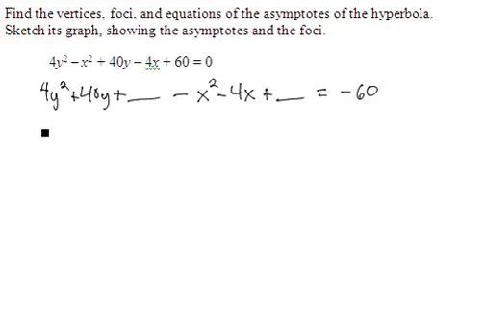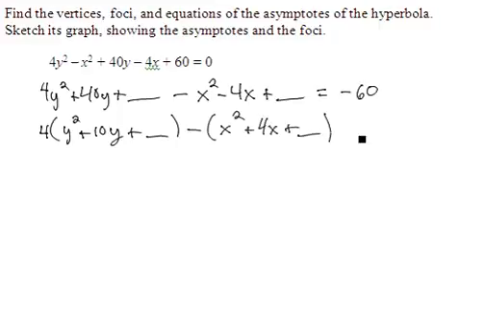Let's complete the square. So we'll first factor what we can. That's going to give me a 4 times y squared plus 10y plus something unknown. I'll factor just a negative sign out of here, so I have x squared plus 4x plus the unknown there equals negative 60.